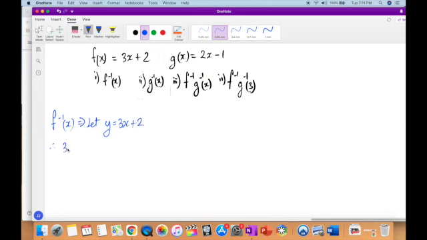Therefore, 3x plus 2 is y. x is going to be y minus 2 all divided by 3. Therefore, f inverse x is equal to, remember, you just switch the x with y. I actually skipped that step there. So you switch the x with y. So now I have y is equal to x minus 2 over 3. So therefore f inverse x is x minus 2 over 3.